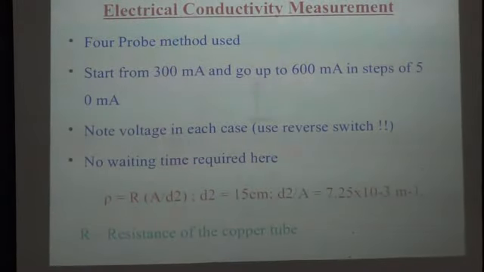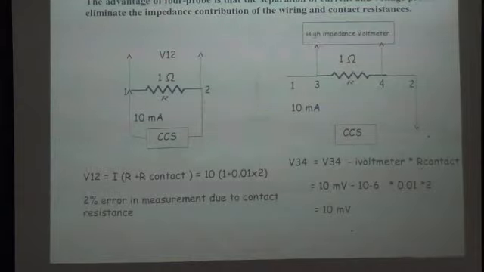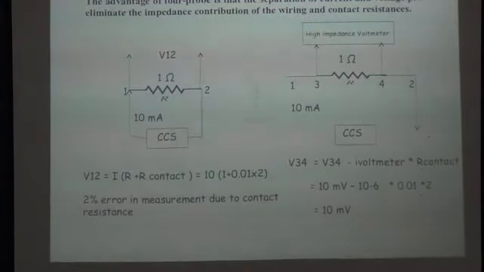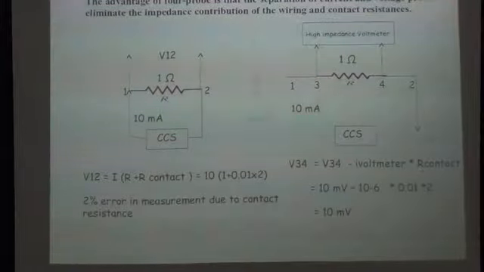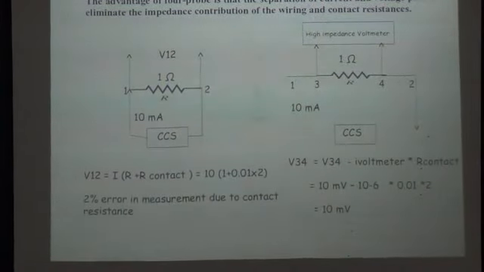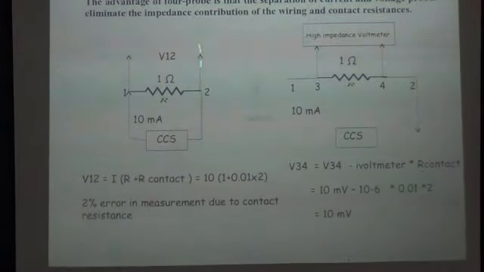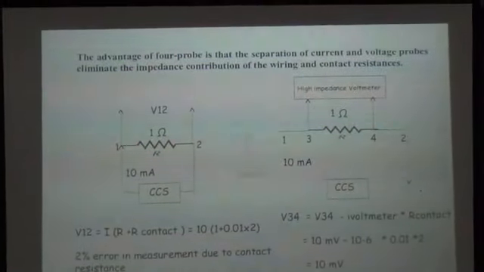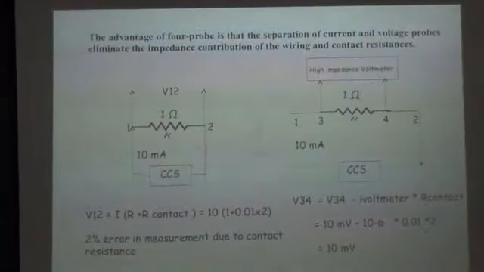Okay. So what we do here is, this is this slide. The advantage of the 4-probe method is that the separation of current and voltage probes eliminates the impedance contribution of the wiring and contact resistance. In a nutshell, if you want to measure high resistance, you can go for the 2-probe method.